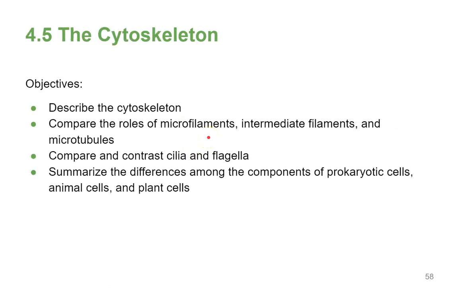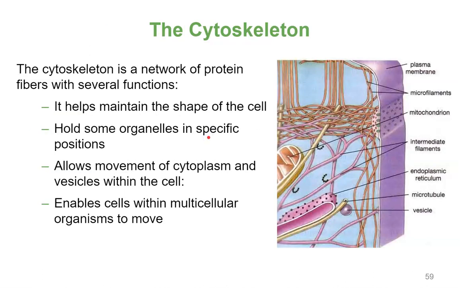All right, so next we're going to talk about the cytoskeleton. We will first describe what it is and describe what makes up the cytoskeleton, and then we'll talk about what uses it has. So the cytoskeleton is a network of protein fibers. It helps maintain the shape of the cell.